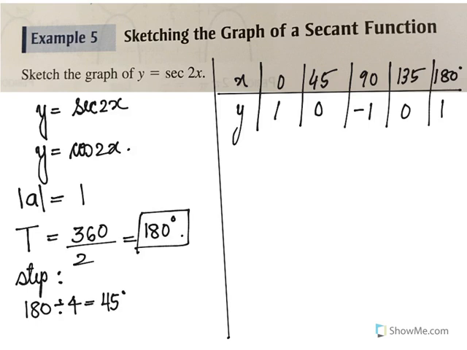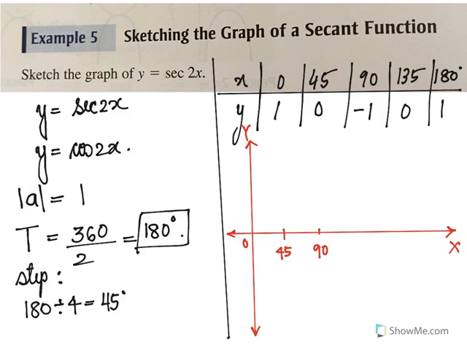So with this information, I plot my graph. This is the x-axis. This is my y-axis. And here is the graph. So you will have 45, 90, 135, and 180.